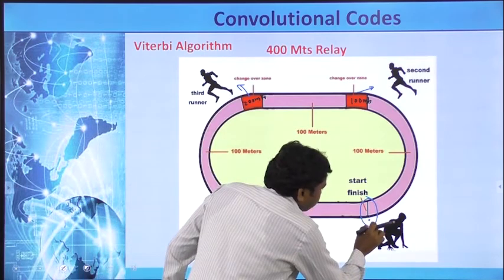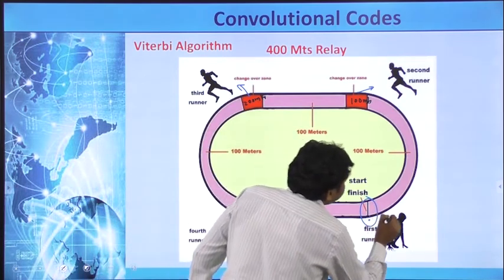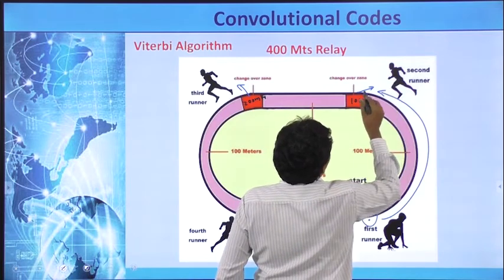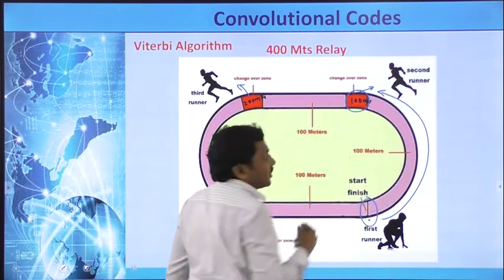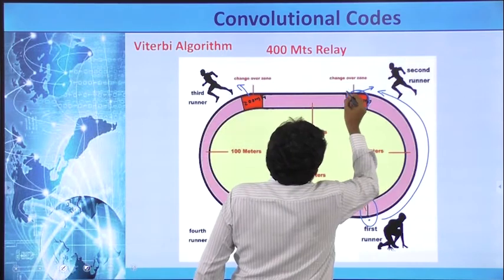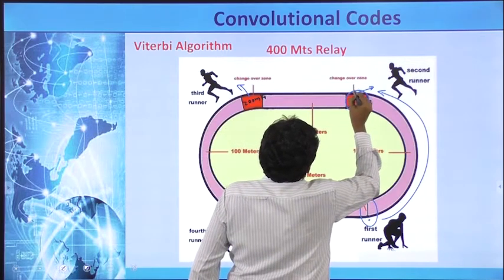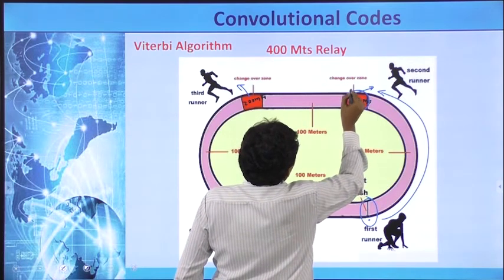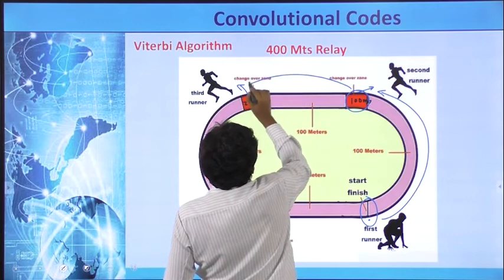The person starts here and he will continue the race, hand over the baton to the second person there at 100 meters distance. Second person starts the race from here to here.